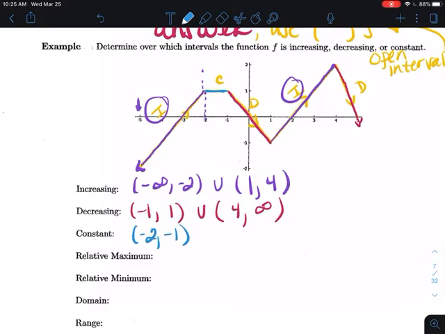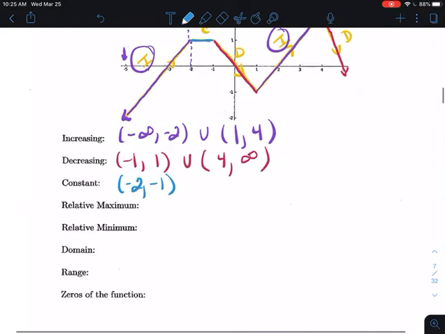All right, relative max and mins. This is where your graph changes from increasing to decreasing, or from decreasing to increasing. A relative max in this case will be where the graph changes. It's going to be a point first of all.